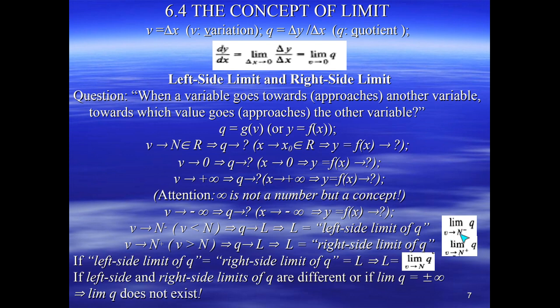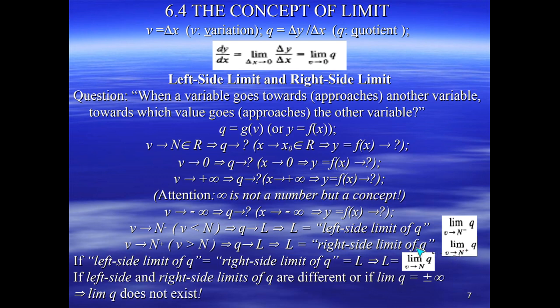V goes to n minus means v is smaller than n and it approaches n from values less than n. When v goes to n plus, which means v is greater than n and it approaches n from values greater than n, where does q go? Q goes to L. Then this L is the right side limit of q.